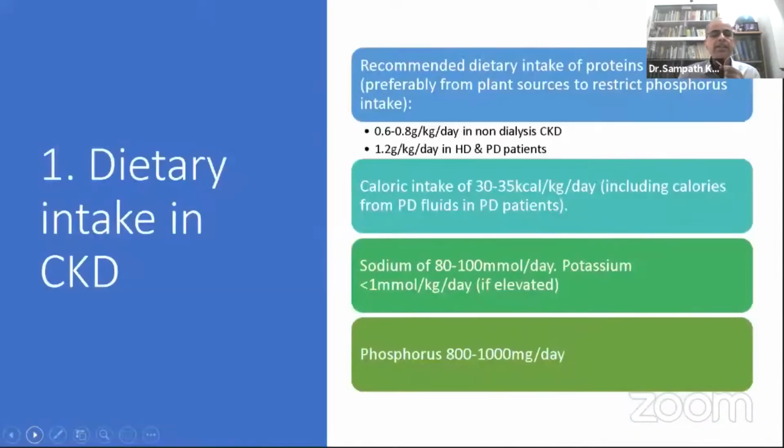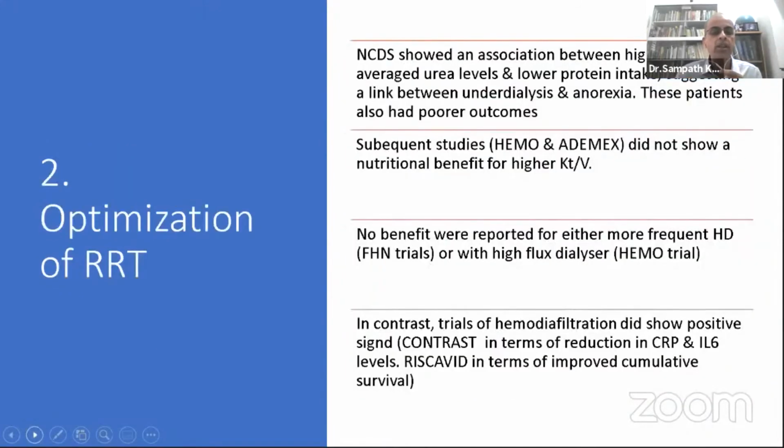Nutritional interventions we'll see. The dietary intake should be more than 1.2 grams per kilogram in hemodialysis and PD patients, with phosphorus restriction and sodium restriction. In fact, it has been shown that even sodium excess is one factor which can increase inflammation. Adequate calories are important.